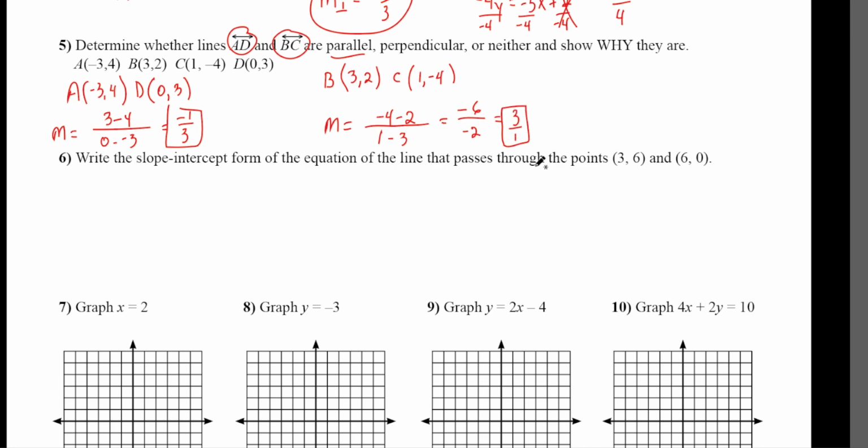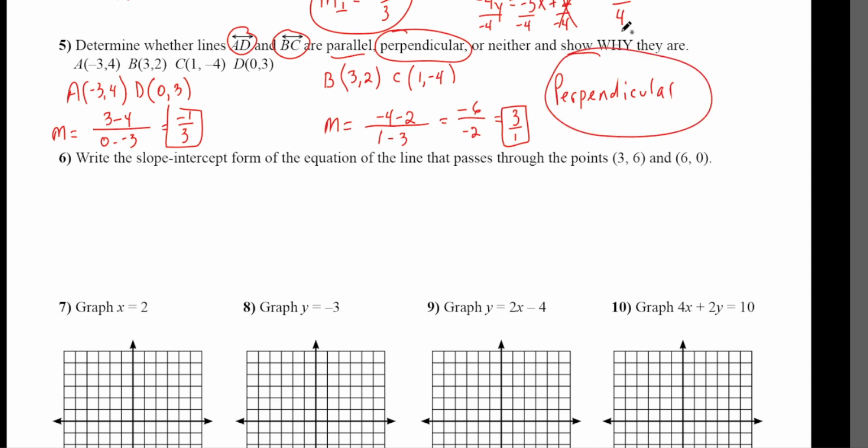So which one of these three: parallel, perpendicular, or neither? Perpendicular. So that is your answer. Probably should just write it down instead of circle it, but you can circle it.